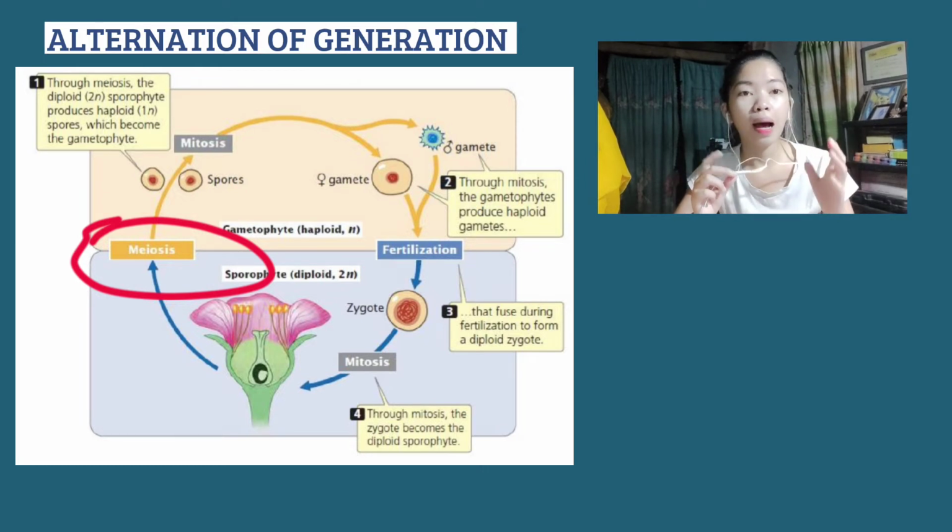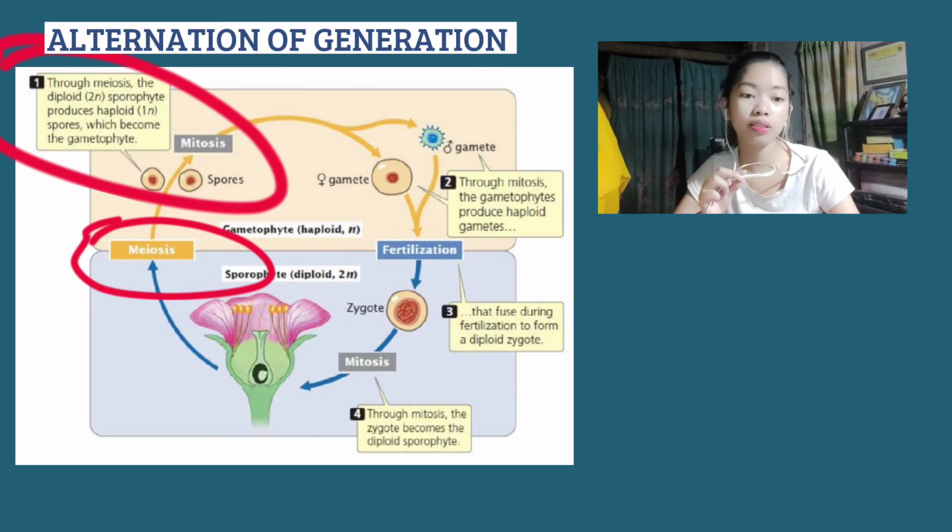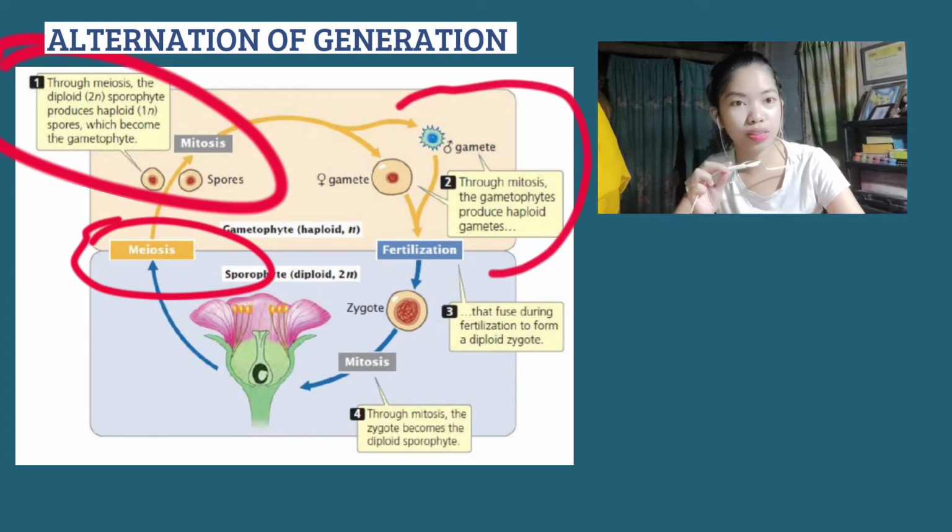Now, these haploid spores will divide by the process of mitosis, wherein one cell divides and produces two genetically identical daughter cells. That results in the gametophyte generation. Remember that the gametophyte generation is haploid. This haploid gametophyte produces gametes, the sperm and egg.